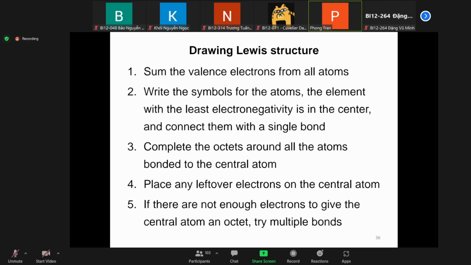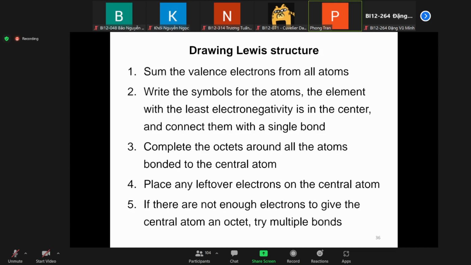You should remember these when you want to determine the Lewis structure of a chemical compound. First, you pick up the total valence electrons from all the atoms that make this molecule. Second, you write the symbol of the atoms, so all the atoms you write out on the paper.